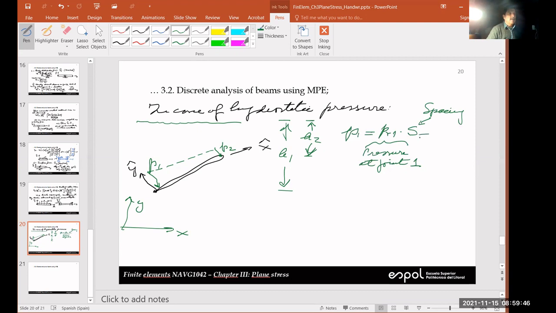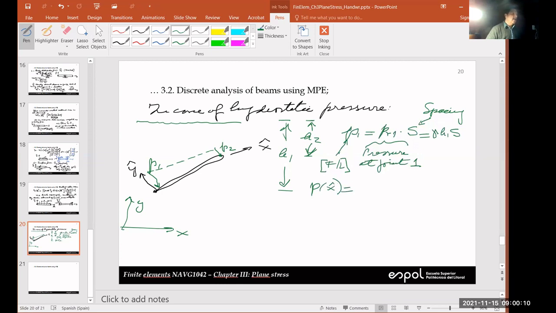Of course, this is equal to gamma times H1 times S. Now, this is force per unit length. So in general here, we need force per unit length as a function of the position.